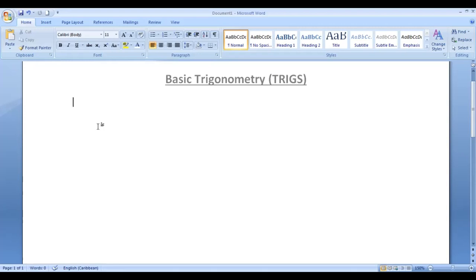All right, so what is so special about trigonometry? For basic, remember we're doing basic trigonometry. It focuses on right-angled triangles, for the first part.